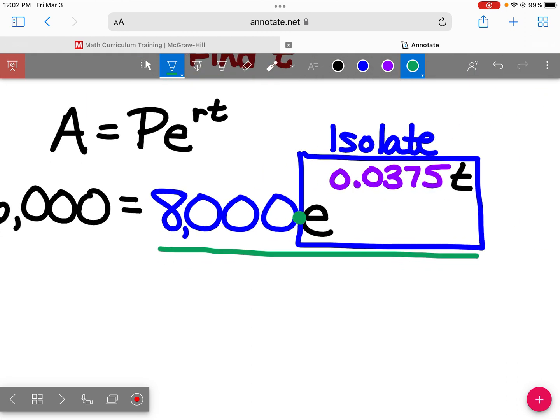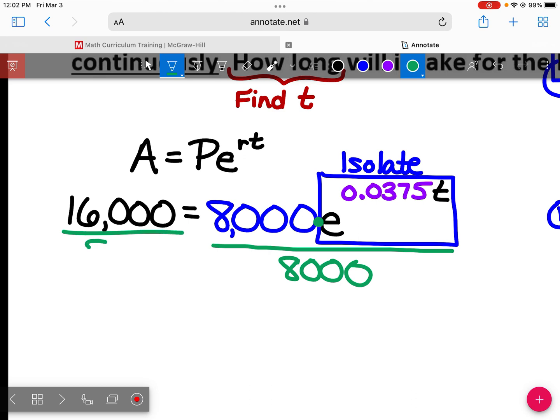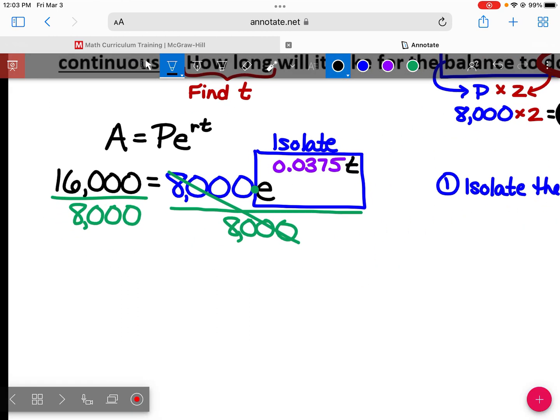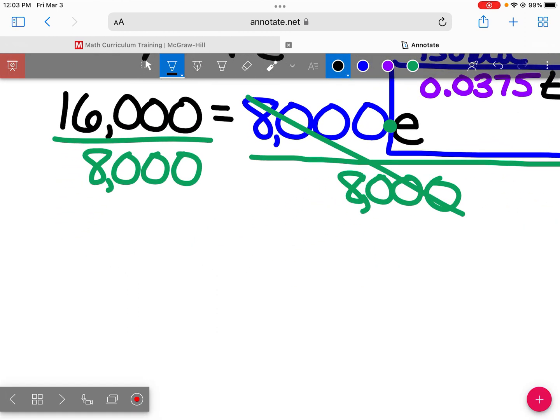Divide. Divide both sides by 8,000. So it's going to cancel out here. What's 16,000 divided by 8,000? 2.